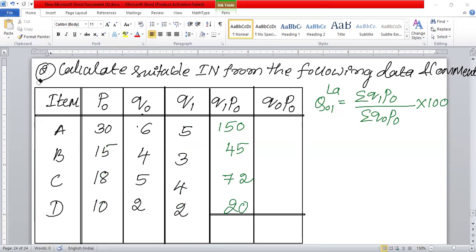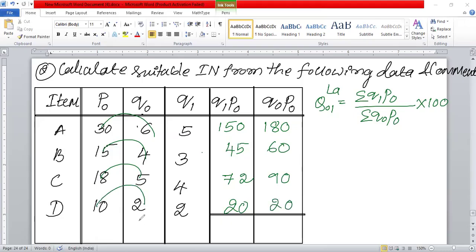Okay, next. Q0 P0: 30 into 6, 180. 15 into 4, so 60. 18 into 5, so 90. 10 into 2, 20.